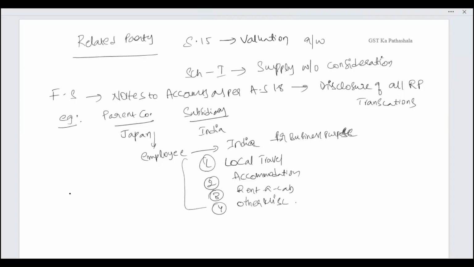Now these are all spent by the Indian entity. Let's assume that around 5 lakh rupees was spent. Just from a conversion point of view, assuming it comes to around JPY 8 lakh.